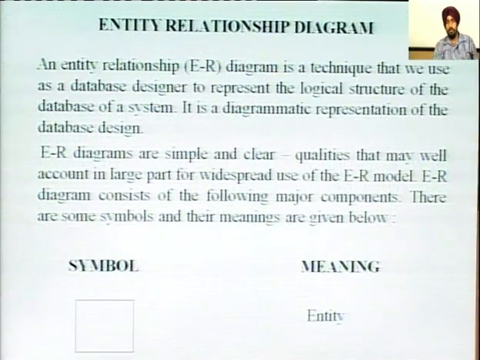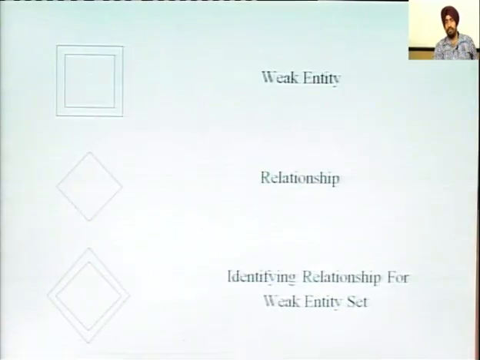Then, the entity relationship diagram symbols. A rectangle is the symbolic representation of an entity. A double rectangle represents a weak entity in the database. A diamond box displays the relationship among two entities. A double diamond box is the identifying relationship for a weak entity set. If there are two weak entities, then the relationship among these two entities is described by the double diamond box.